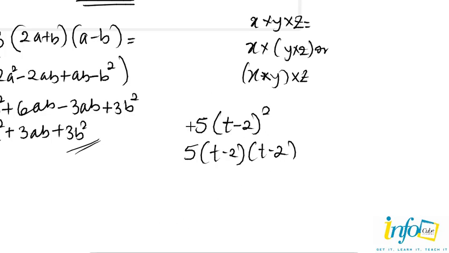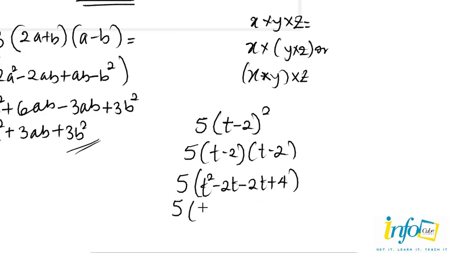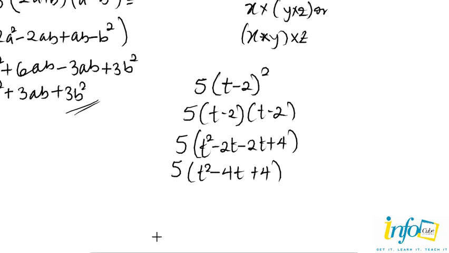Now, using any of the methods, either by first of all expanding this bracket first: t times t will give you t square, t times minus 2 will give you minus 2t, minus 2 times t will give you minus 2t, and minus 2 times minus 2 will give you plus 4. Then collect like terms. You have t square minus 4t plus 4. Then you can go ahead to multiply with 5 to have 5t square minus 20t plus 20.